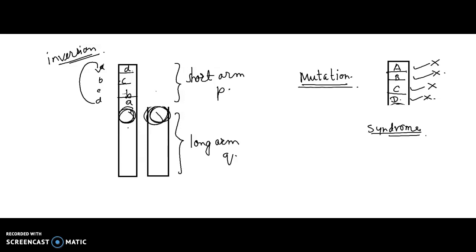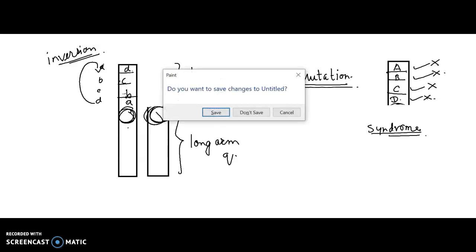Apart from the alteration in the structure, there is also the possibility that the chromosome number could change. What does that mean? The chromosome number could change from, say for example, a normal diploid organism having a 2n set of chromosomes.